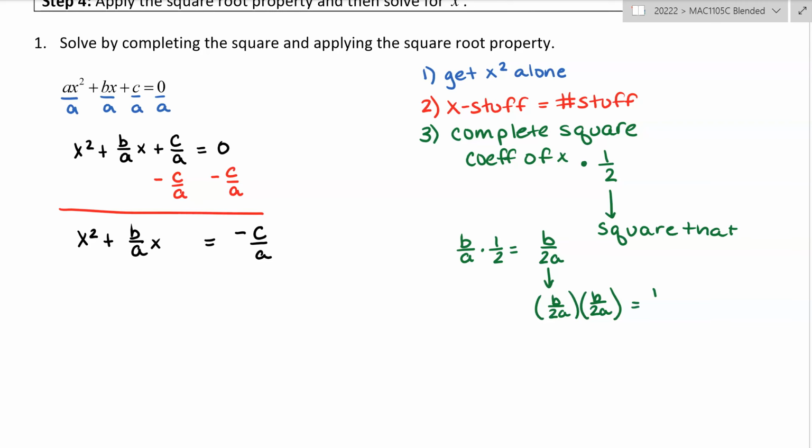So that's b squared over 4a squared. Right? 2 times 2 is 4, a times a is a squared. So what do I need to add to both sides? I need to add b squared over 4a squared.